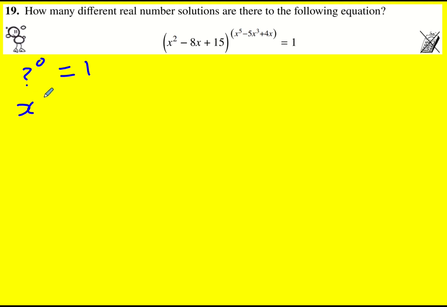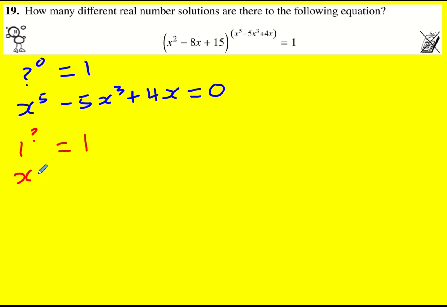So we can look at x to the 5 minus 5x cubed plus 4x equaling 0, and we'll do that in a minute. We can also think about 1 to the power of any number equaling 1.